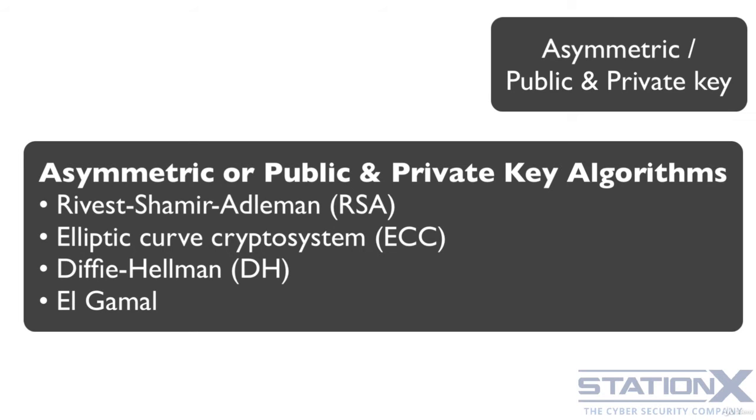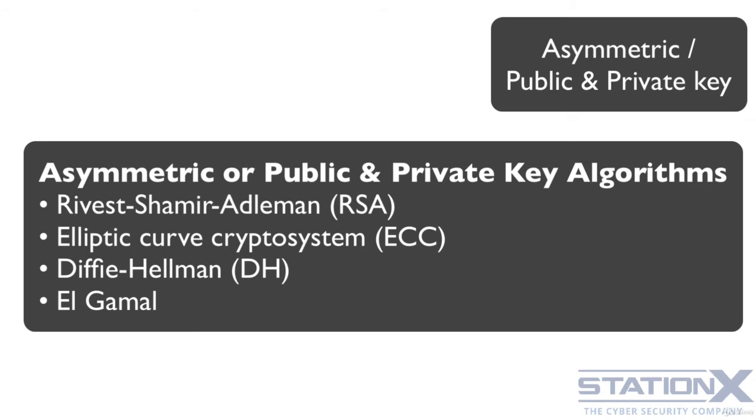Another common and increasingly popular algorithm is the elliptical curve crypto system, or ECC. Security of this algorithm comes from computing discrete algorithms of elliptic curves. There's Diffie-Hellman, and the security of this comes from the algorithm calculating discrete algorithms in a finite field.